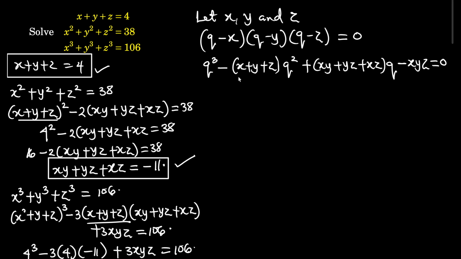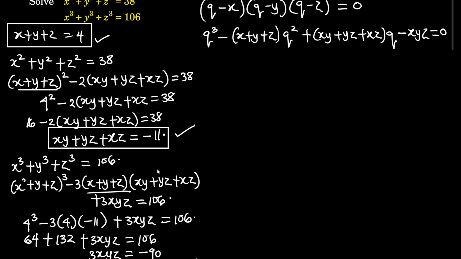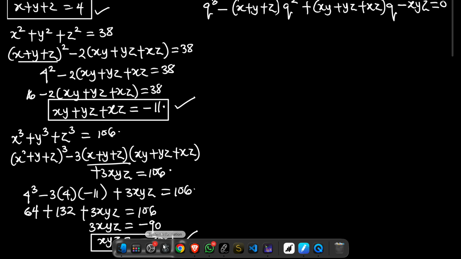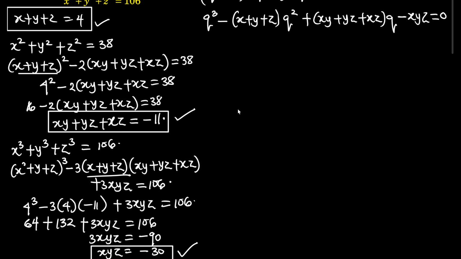And x plus y plus z is what we have here as 4. xy plus yz plus xz is what we've obtained as negative 11, and xyz is what we have here as negative 30. So we can simply replace each of them by their values. So we have minus 4q squared, then minus 11q because this is negative 11, and lastly xyz is negative 30, times negative, so you have a positive 30 equals 0.